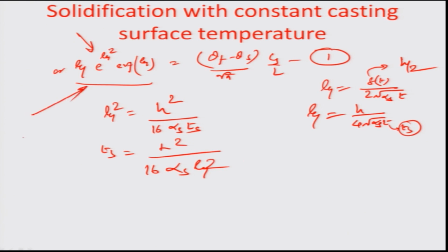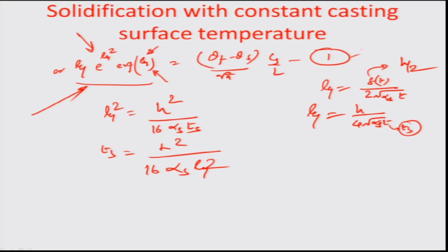So, the trick here really is to find out what this zeta is from this equation right about here, and this would need estimation through a numerical integration method, and there are standard tables which have to be obtained for the error function corresponding to the different values of zeta, so that the left hand side and right hand side of this equation 1 can be obeyed.